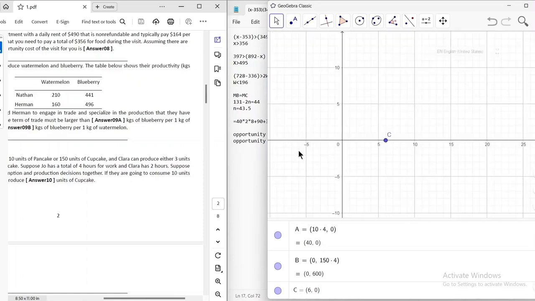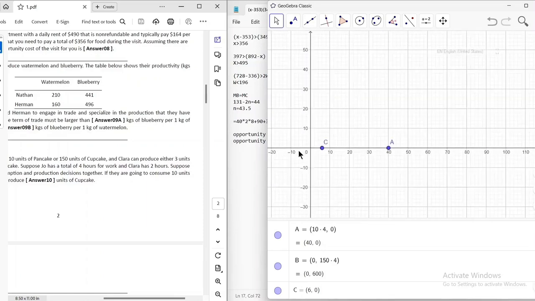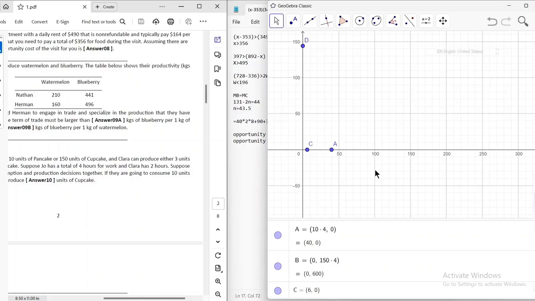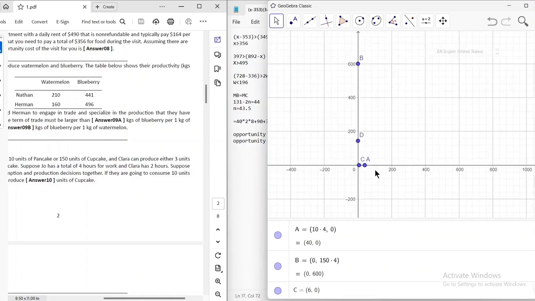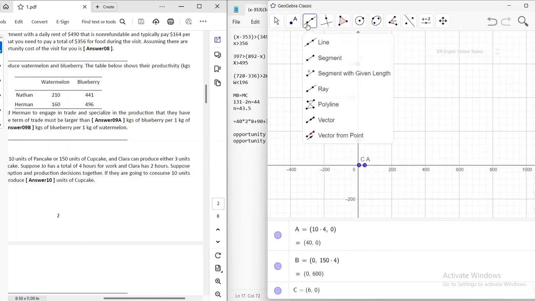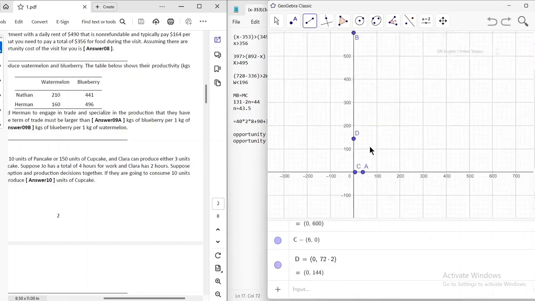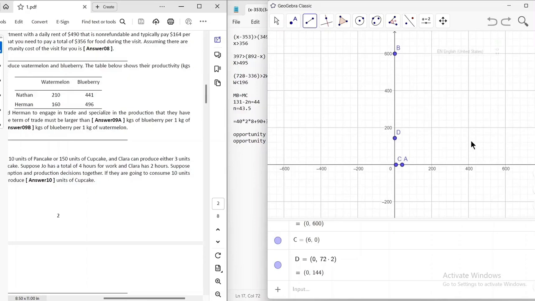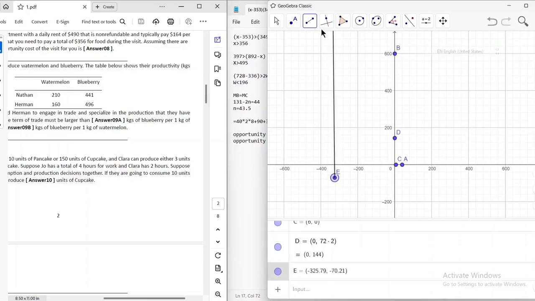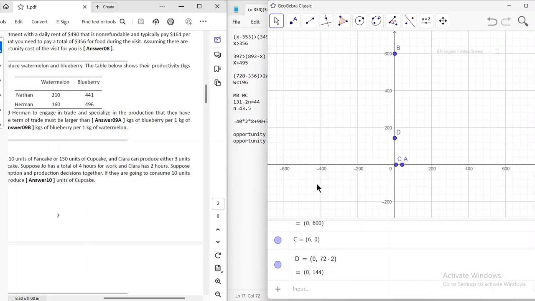Let me see where the points are. Now we are going to connect these points by line segments. Since the points are too close, I need to zoom in a little bit.